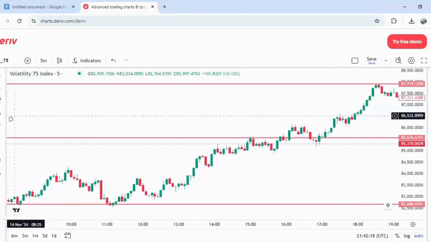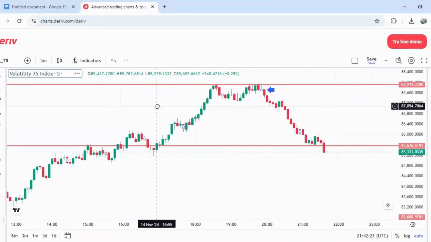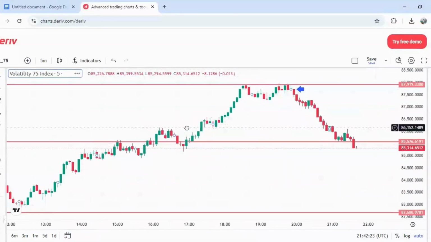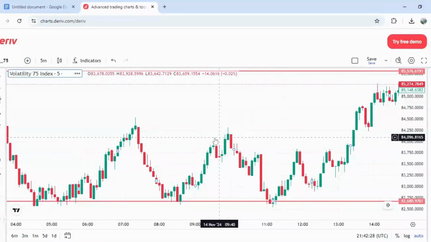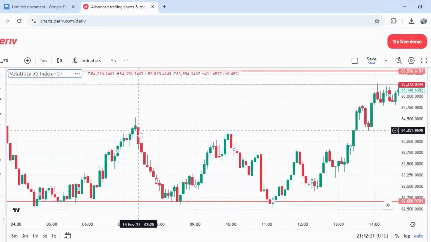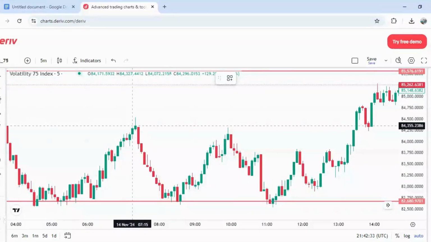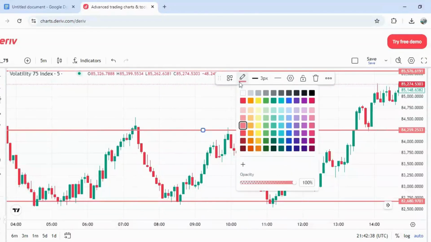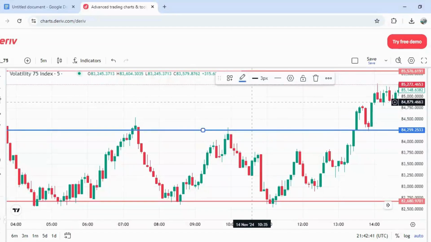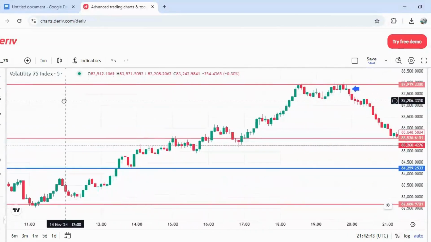So for 5 minutes, we are going to leave these two and come here to look for the previous three respected areas. So we have this area, these two, and we are going to draw another resistance here. For this one, we are going to change the color to blue so that we can differentiate.